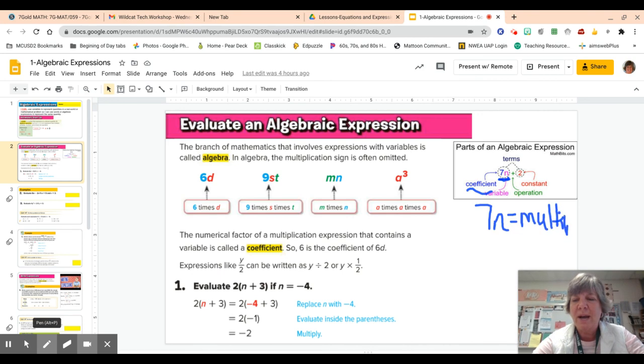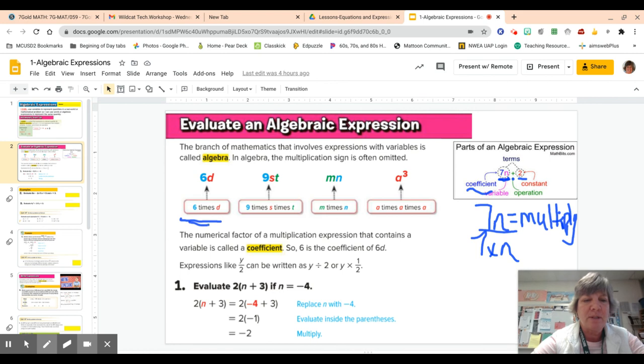Anything that is right next to each other with no space in between means to multiply. So 7 times whatever n is. A constant is a number just by itself. The operation is, of course, add, subtract, multiply, or divide. And the variable is the letter that stands for a number.